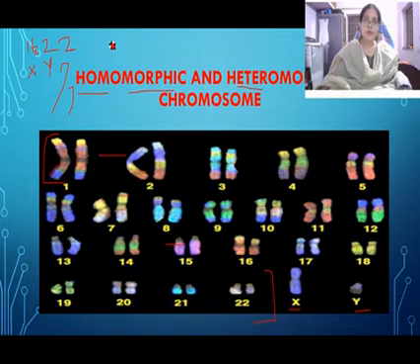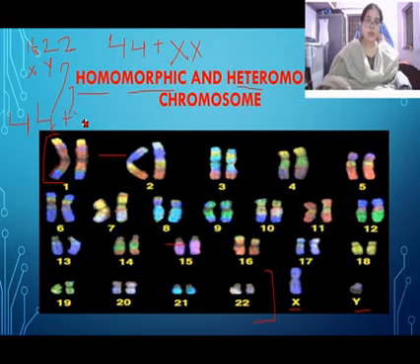So for a girl child, the chromosomal status will be 44, the 1 to 22 pairs, plus XX, so a total of 46 chromosomes. As you know, humans have 46 chromosomes, whereas for a male it will be 44 plus XY.